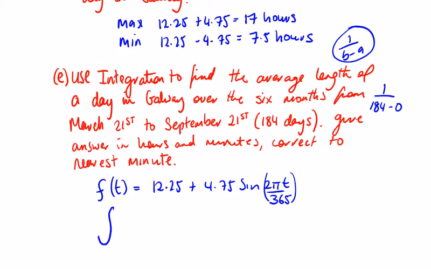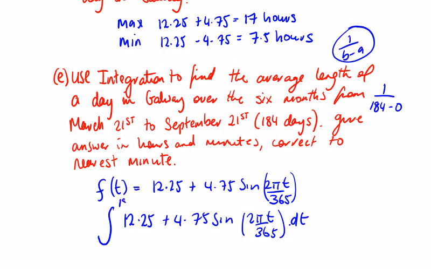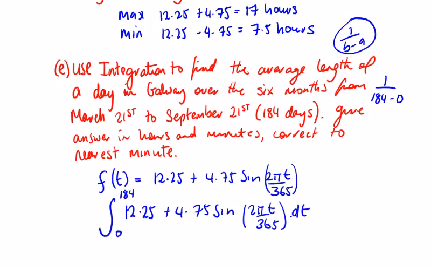I'll write it long form: the integral of 12.25 plus 4.75 sine of 2 pi t over 365 dt, between 184 and 0.